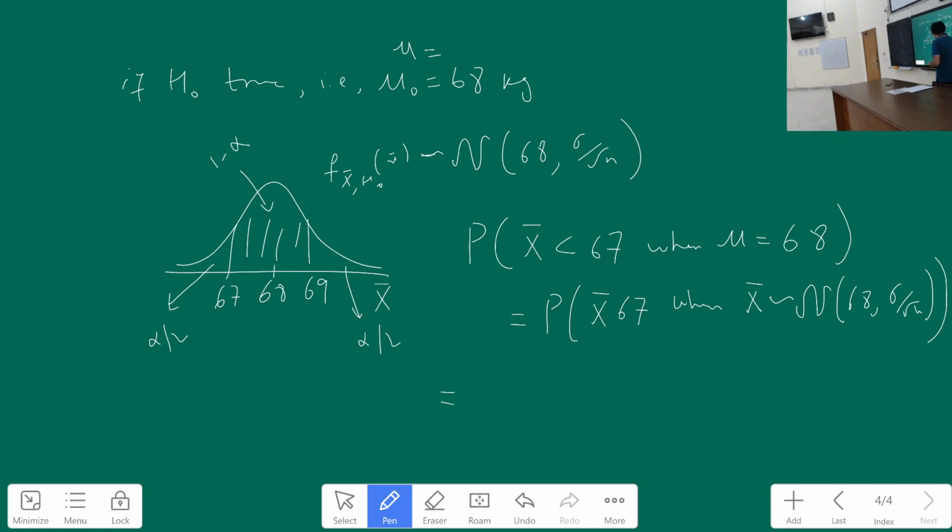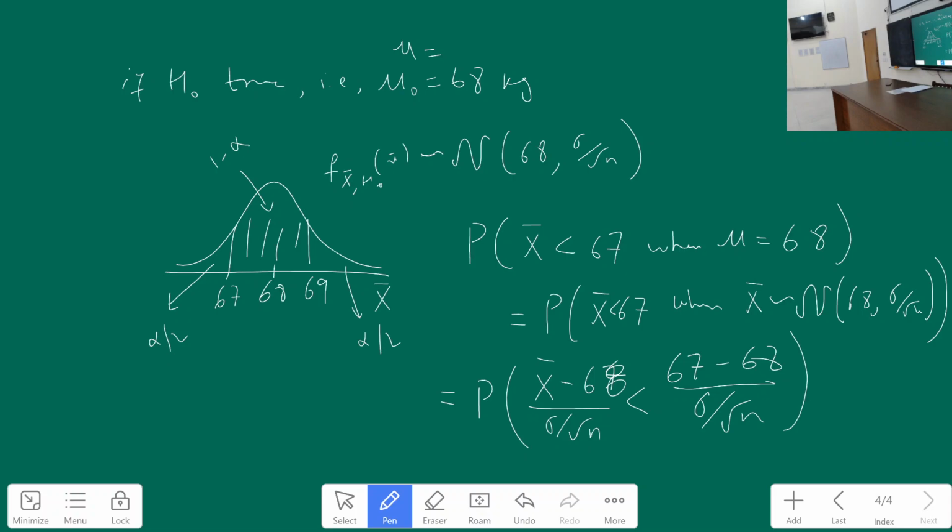Now this I can rewrite as probability X bar minus 67 divided by sigma over square root n is less than 67 minus 68 over sigma square root n.